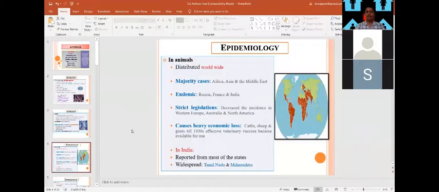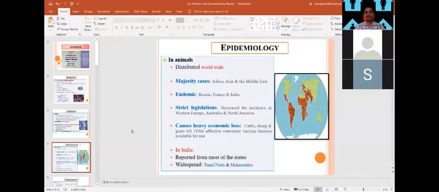Epidemiology: among animals, anthrax is distributed throughout the world, but the majority of cases are reported from Africa, Asia, and Middle East countries. It is also endemic in Russia, France, as well as India. However, strict legislation has decreased the incidence of this disease in Western Europe, Australia, and North America.